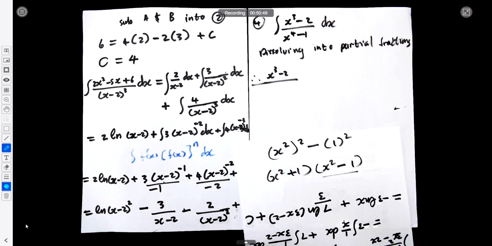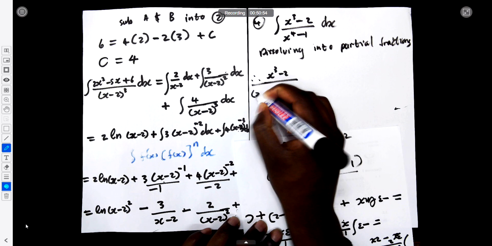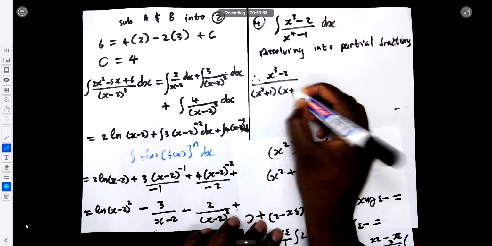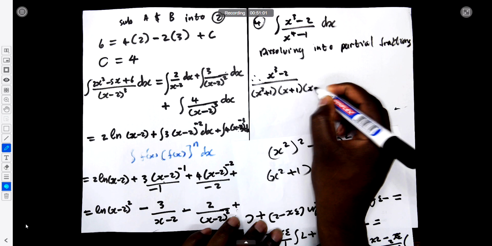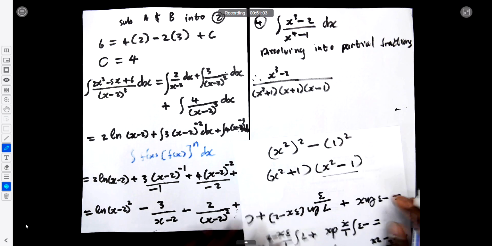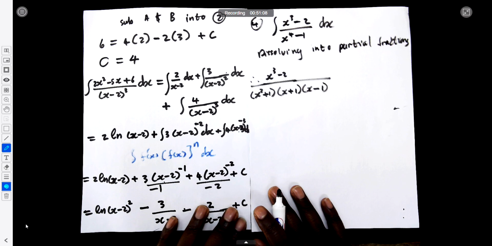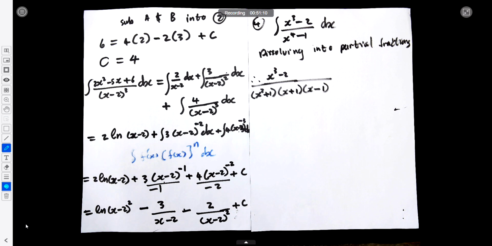So we're going to have x plus 1 and x minus 1. You need to factorize fully. Don't just factorize and leave it as x squared minus 1. I hope you see if you multiply out, you'll still have the same answer.